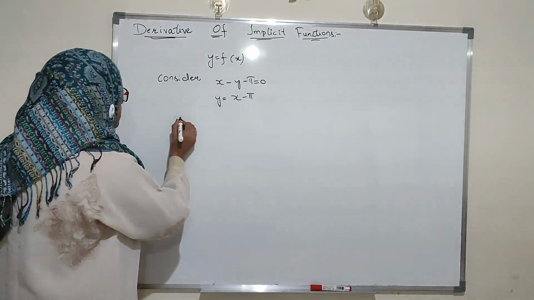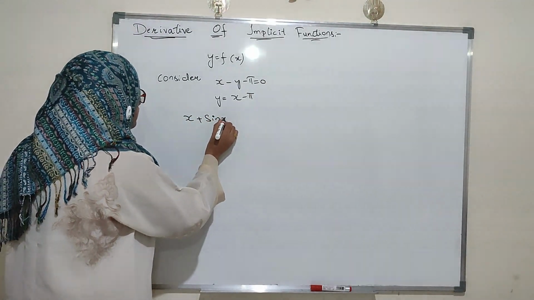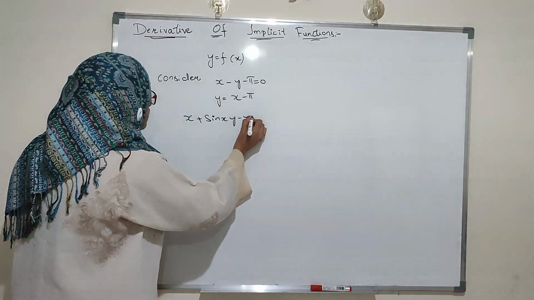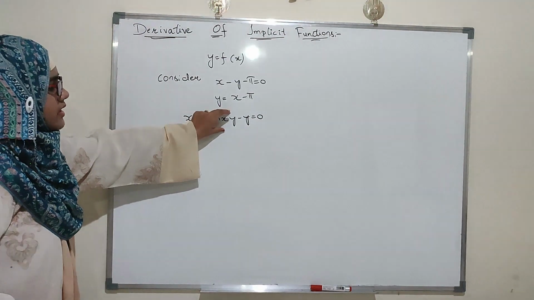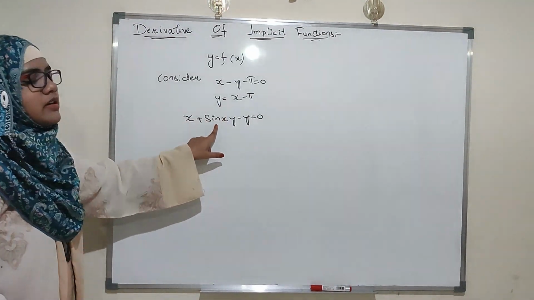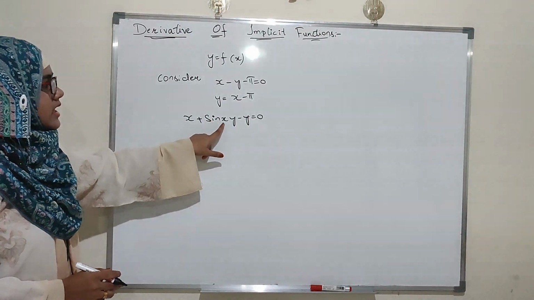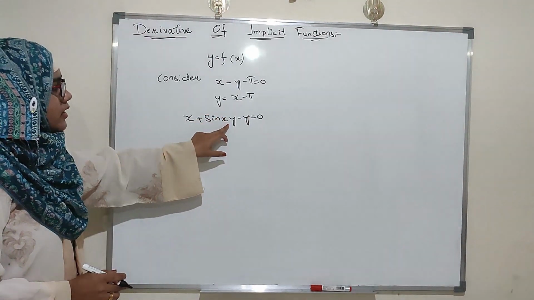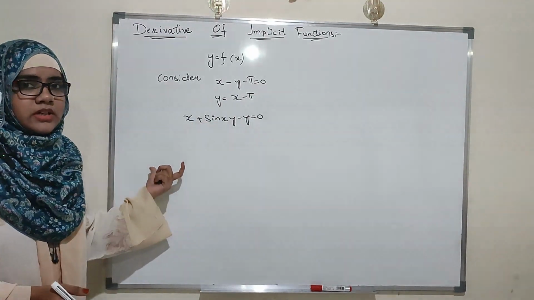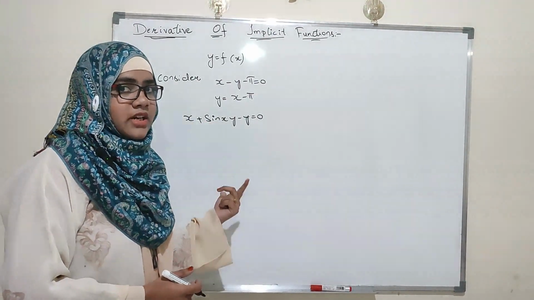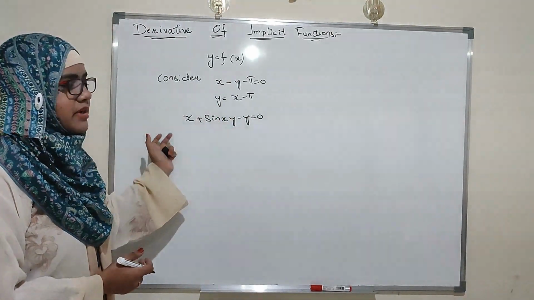Now suppose another function: x plus sin xy minus y equal to 0. In this function we can't separate the term y, because we have a trigonometric ratio sin xy whose angle is xy. Since we can't separate y, we can't differentiate it directly.